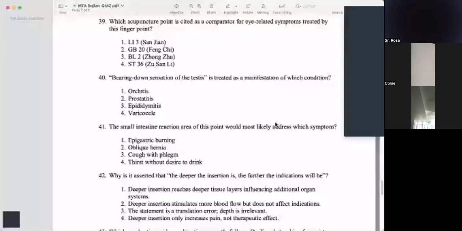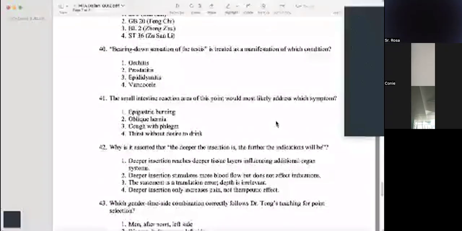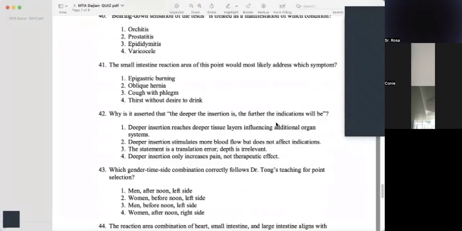Bearing down sensation of the testis is treated as a manifestation of which condition? Orchitis. The small intestine reaction area of this point would most likely address which symptom?